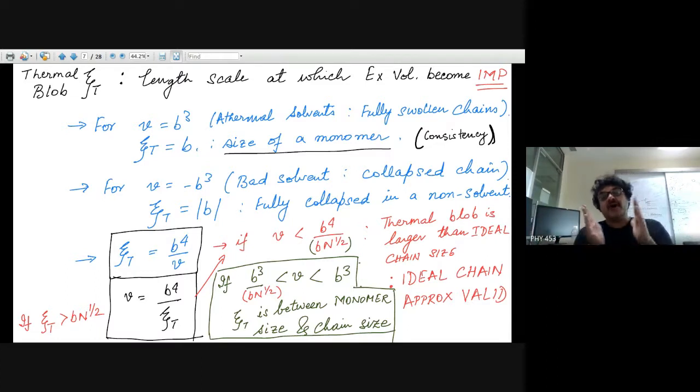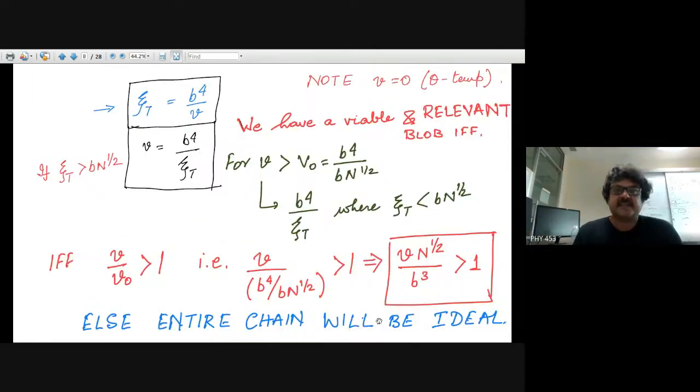So the polymer segment below that length scale behaves like an ideal chain, but larger than that length scale, you have to consider excluded volume interactions, right?